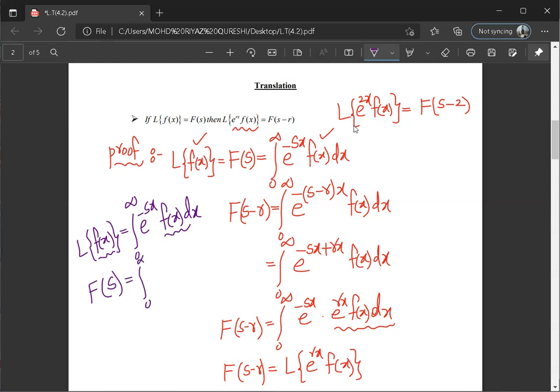Actually, the meaning of this formula is that we can write it in both ways. Now you can see here, the Laplace value, e power minus sx f of x, is L of f of x. My question is, the integral from 0 to infinity of e power minus sx, instead of f of x, suppose you multiply anything with e to the power of rx, that will come here now with f of x.